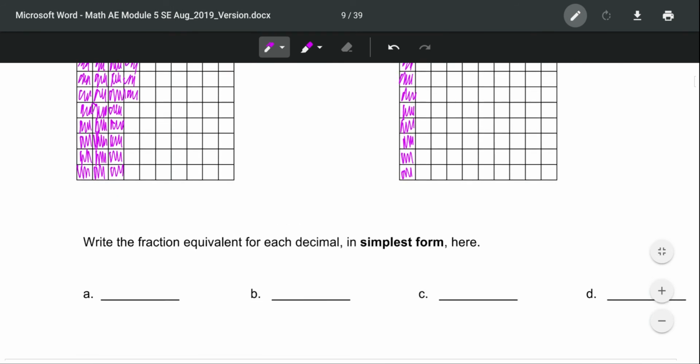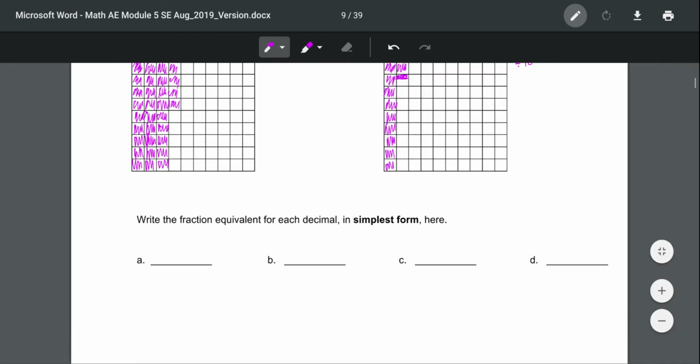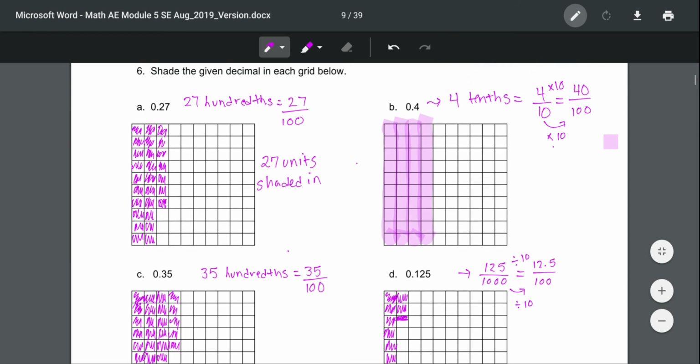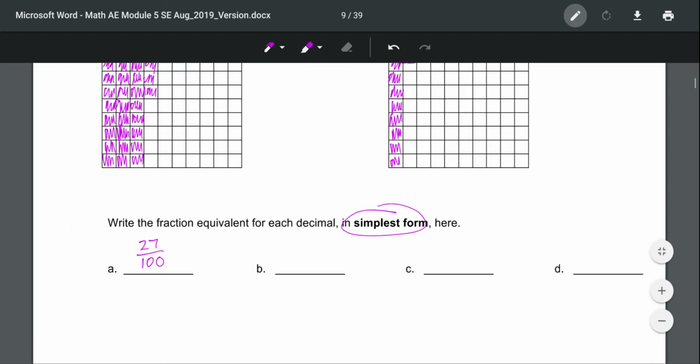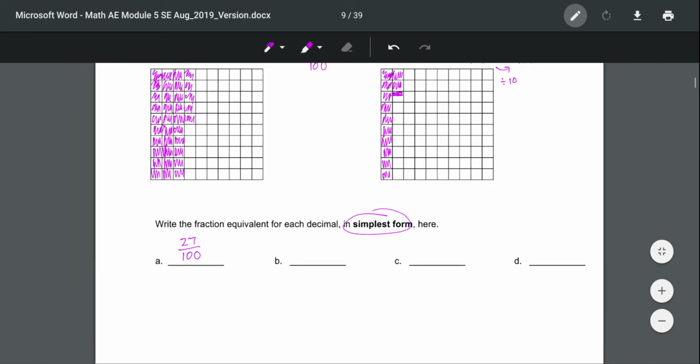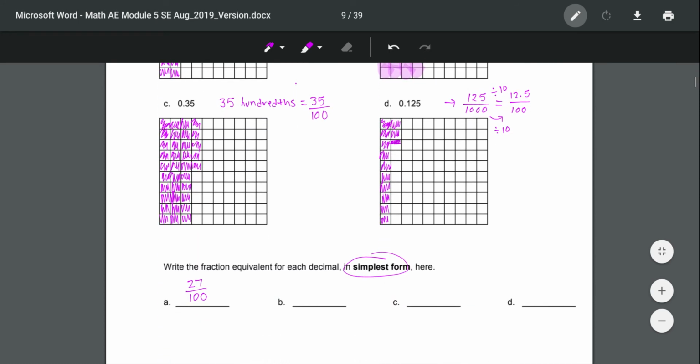Now for the next one, it says write the fraction equivalent for each decimal in simplest form. For A, we found it was 27 out of 100, which can't be reduced. Just make sure that if you can reduce it, go ahead and do so. If not, just leave it as it is. In part B, we got 4 out of 10, which if we reduce it, we can divide by 2, and we get 2/5.